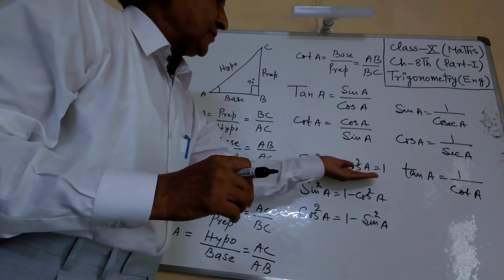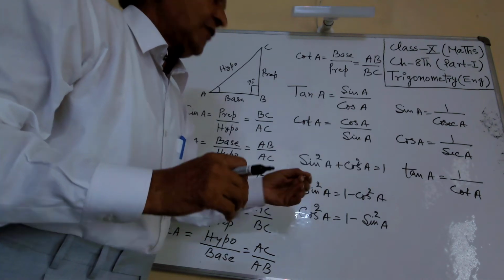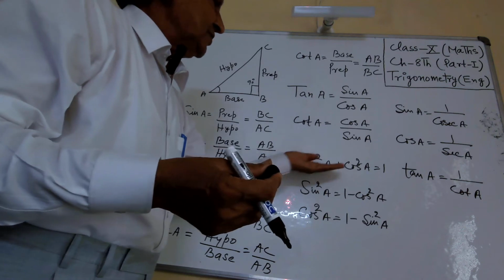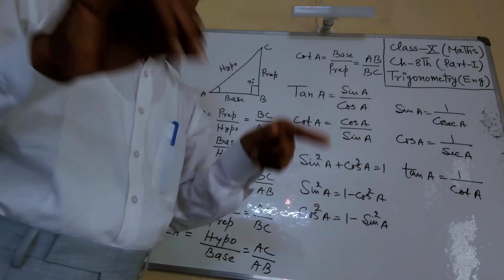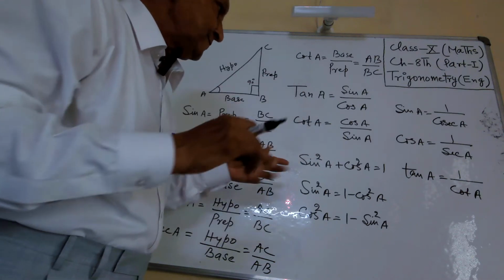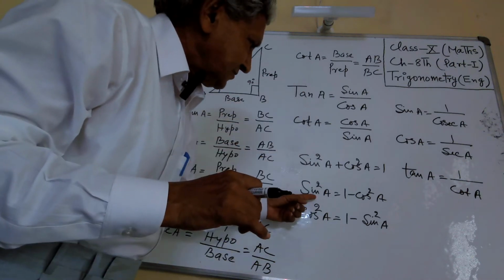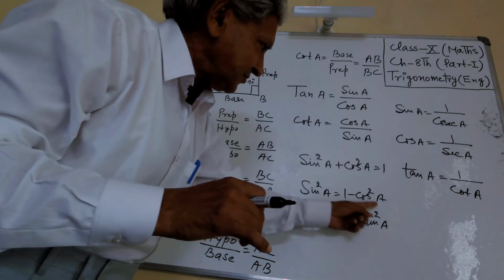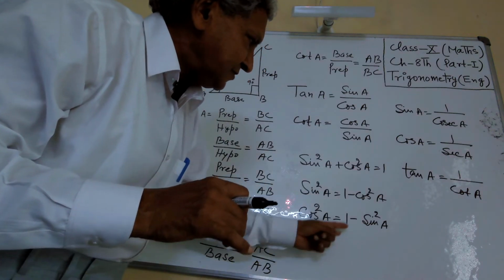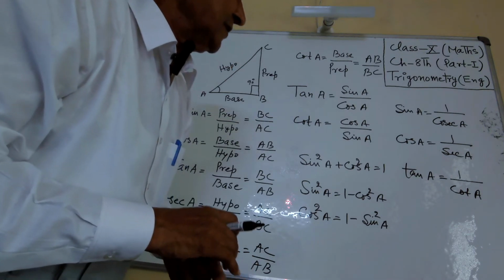Sine square A plus cos square A is equal to 1. Or you can say sine square theta plus cos square theta is equal to 1 if theta is the angle of a right angle triangle. And sine square A is equal to 1 minus cos square A, and cos square A is equal to 1 minus sine square A.